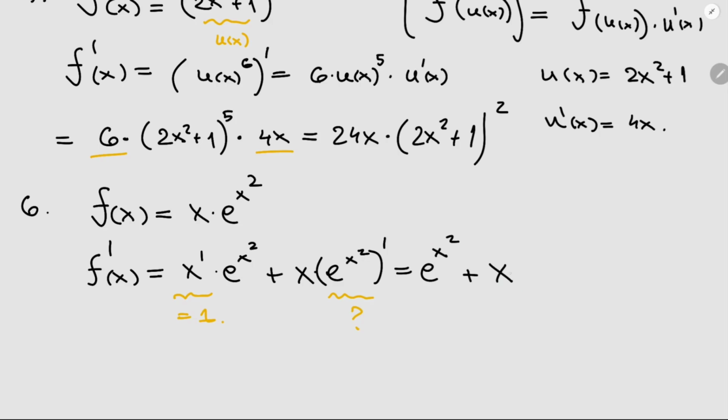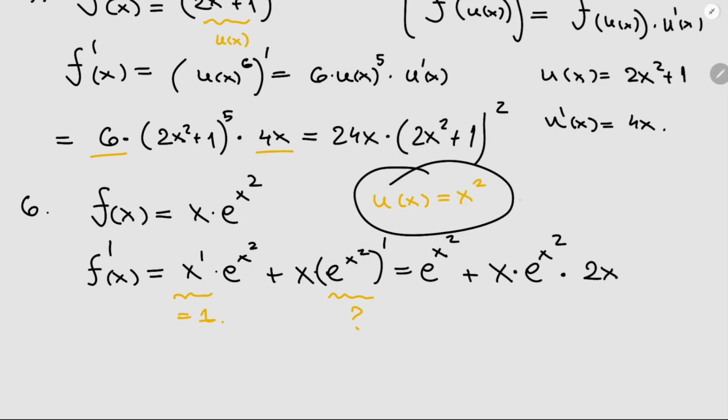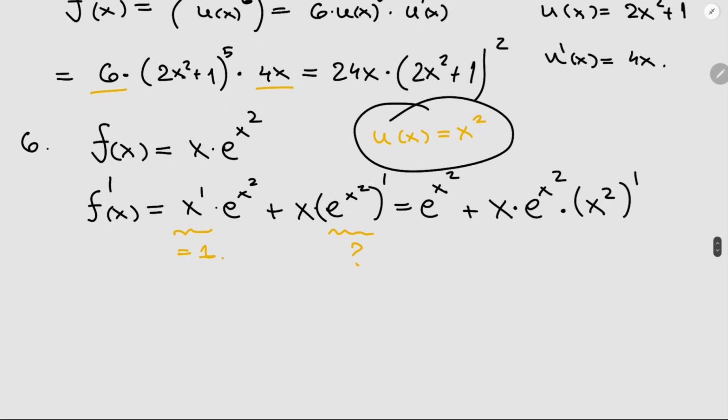And we add x times, and I will use this time the function u of x is equal to x squared, and differentiating e to some power will give us exactly e to that power, so e to the x squared. But we also have to multiply it by the derivative of that u of x, which in this case is equal to 2x. Or say, I will simply write an extra step so that you can follow.